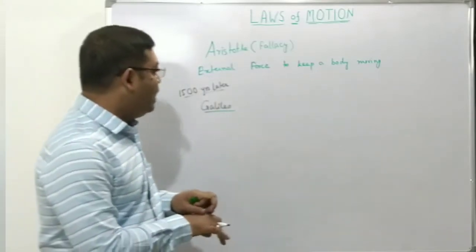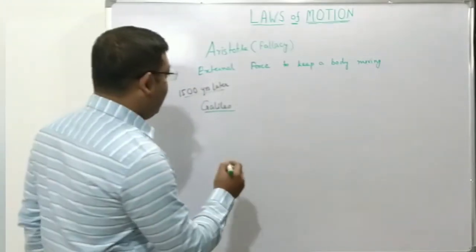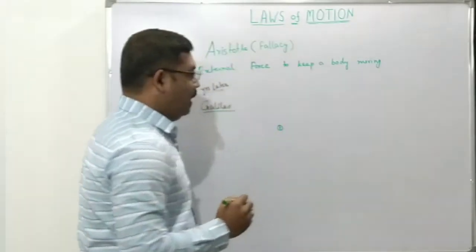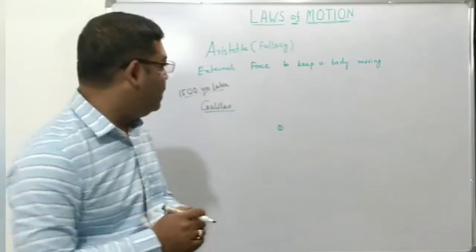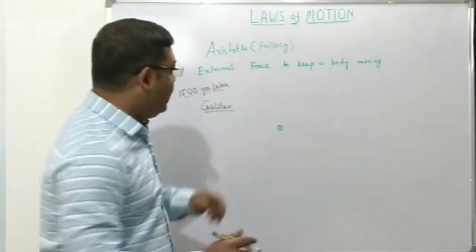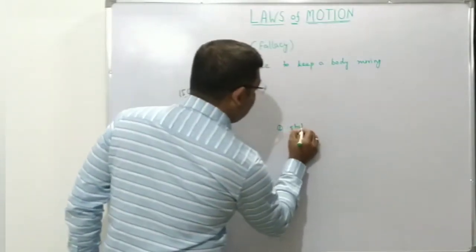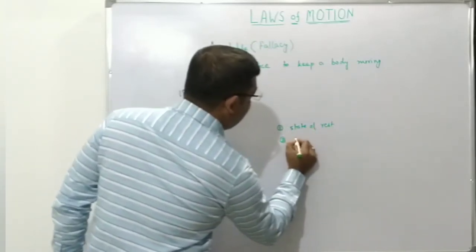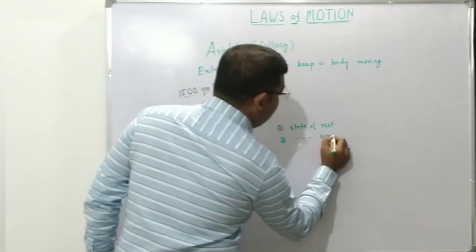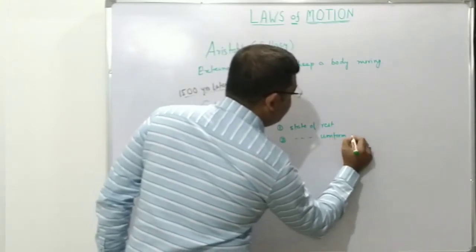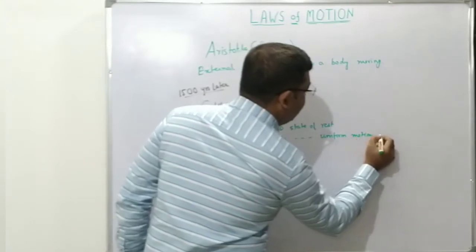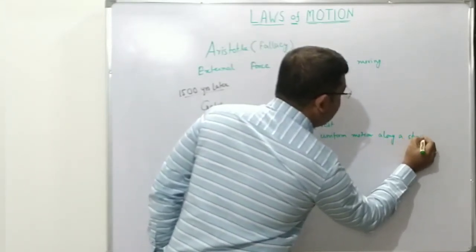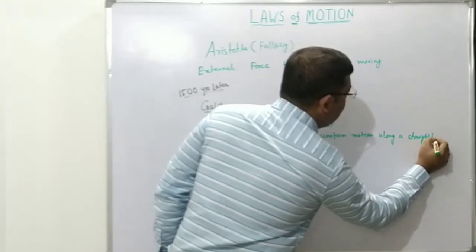So there is an inherent property of objects whereby it resists any change to its state of rest or its state of uniform motion along a straight line.